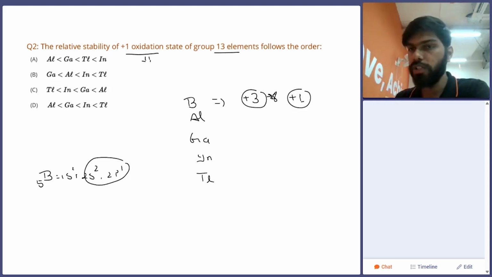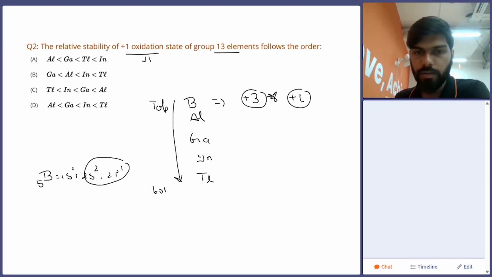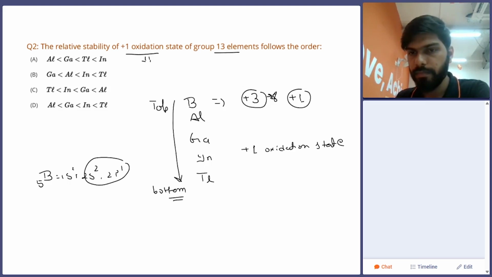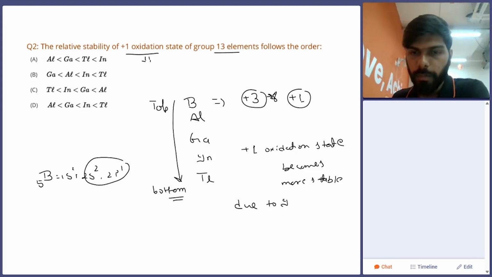So when is the +1 oxidation state stable? When we are moving from top to bottom, the +1 oxidation state becomes more stable. The reason is the inert pair effect.